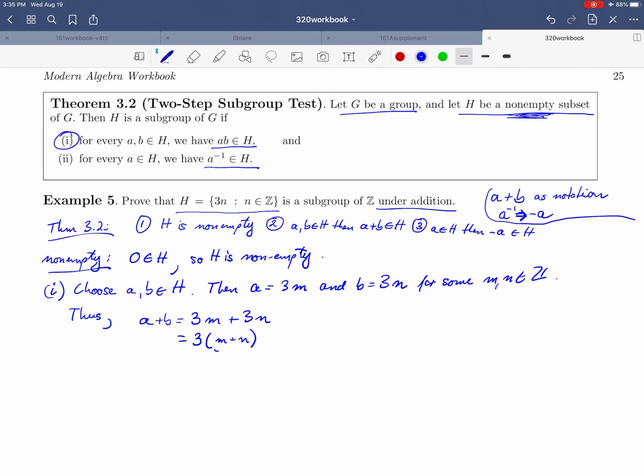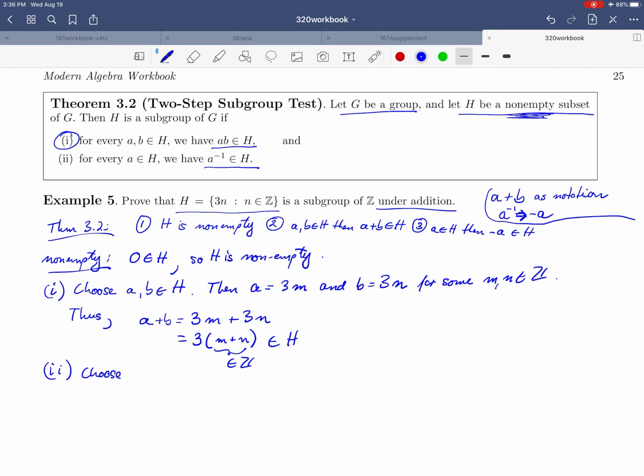And since m plus n is an integer, we can conclude that 3 times that integer is in H, because those are the type of things that are in H by our definition. So we've shown closure under addition. And then we can move on to think about inverses.